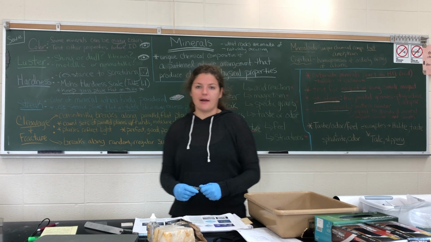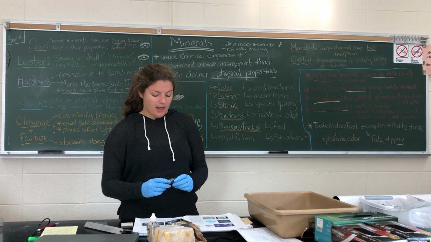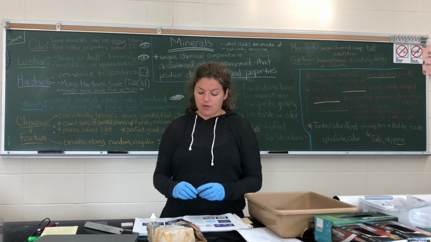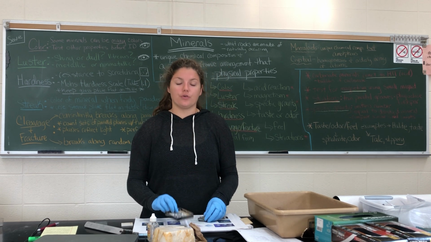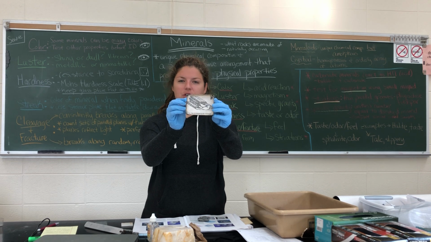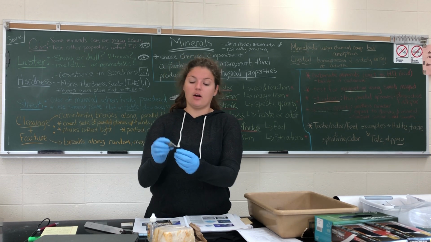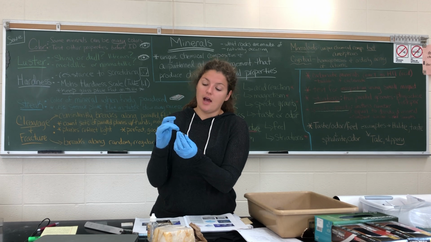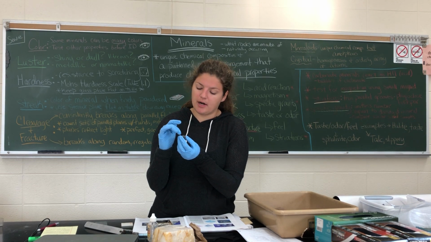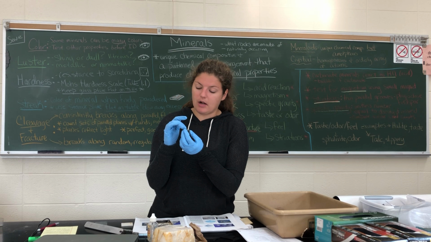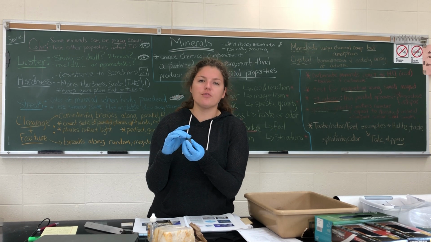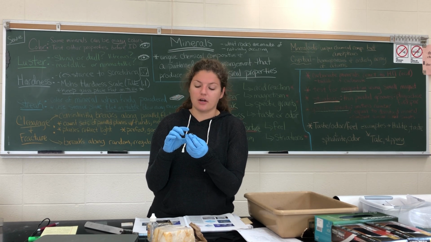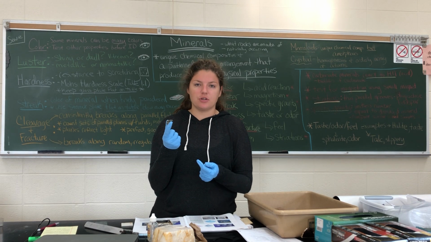Plagioclase, or plage, has striations in it, and those are thin parallel grooved lines. There's a picture of it here, and then also I can see it in hand sample here. If I shine it in the light, I see that there's these thin parallel grooves, something that almost looks like a weird knife would have cut it, but it's naturally occurring, and it's specific to plagioclase feldspar.